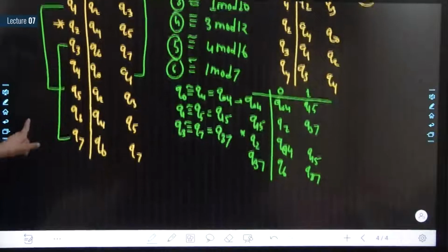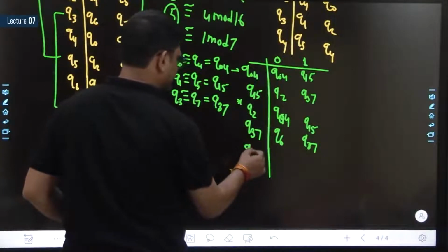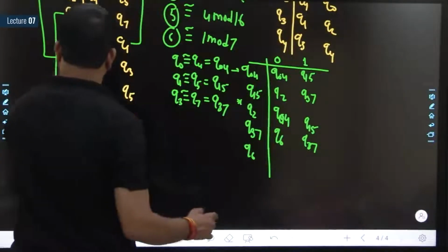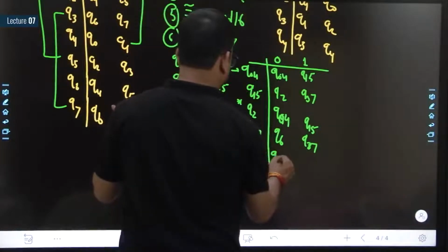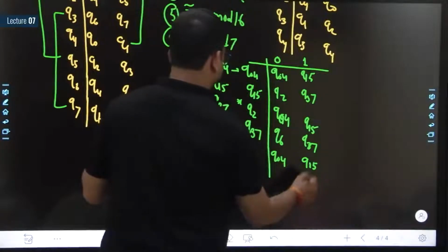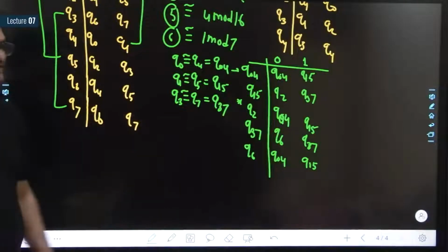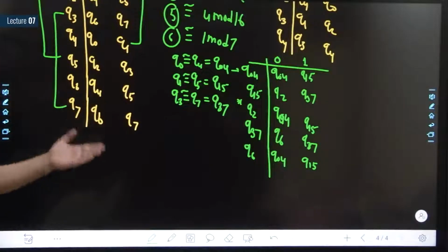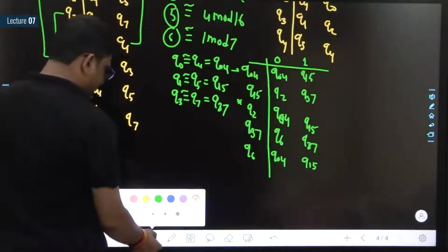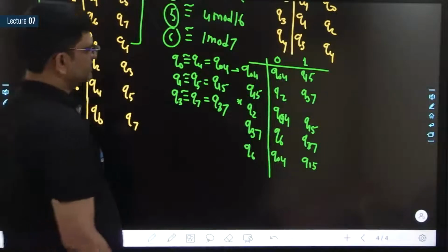Q6 goes to Q04, Q15. Q7 is also written as Q37. Again check whether there is any similar transition in any state. Yes, these are similar.